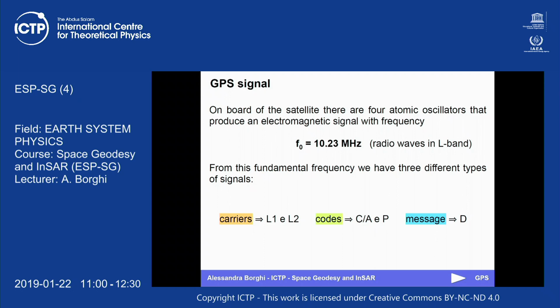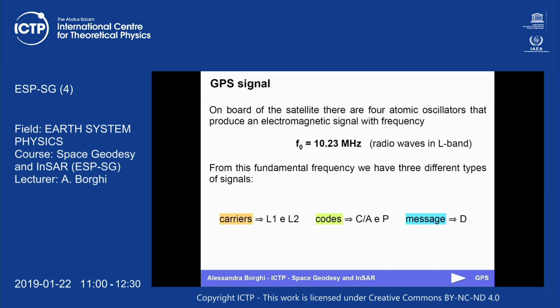I don't know. Okay, the atomic oscillator produces an electromagnetic signal with a given fixed frequency. The fundamental frequency is 10.23 megahertz. So we are using frequencies in the radio wave part of the electromagnetic spectrum, especially the L band.